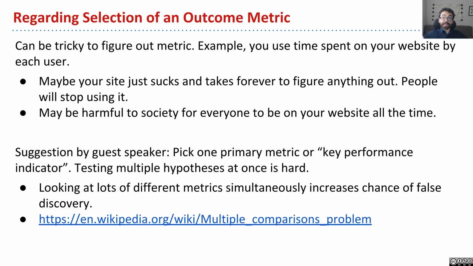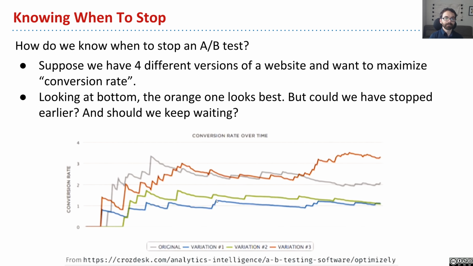But he didn't go into any detail at all, so obviously way out of scope for us. He says you can go read about the multiple comparisons problem if you want to know more. It's a good thing to be aware of if you go into this space. So if you end up using data science skills for purposes that involve A/B testing, a good thing to learn about in the future. All right.